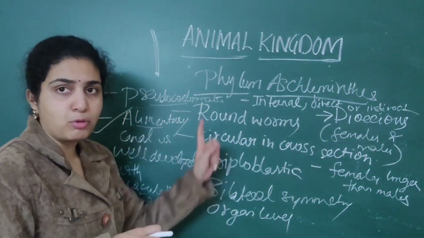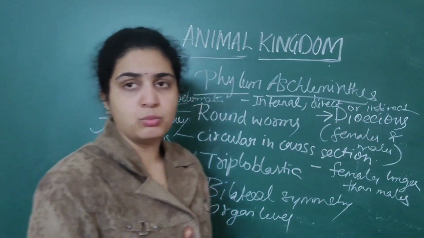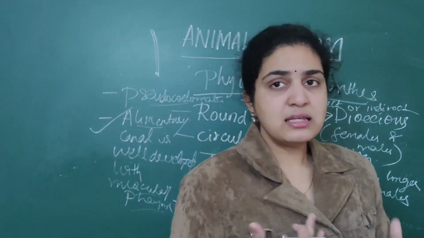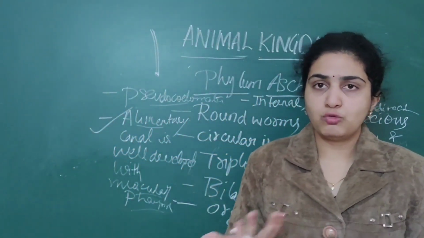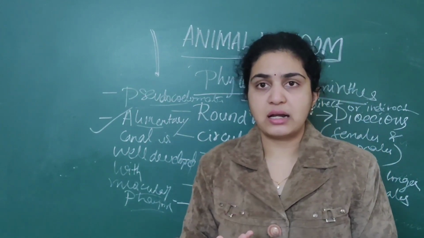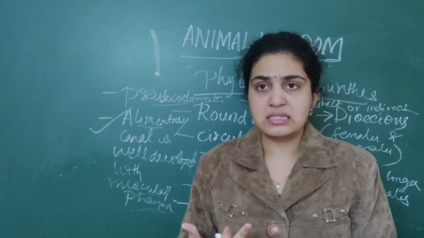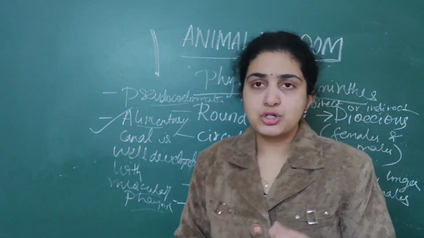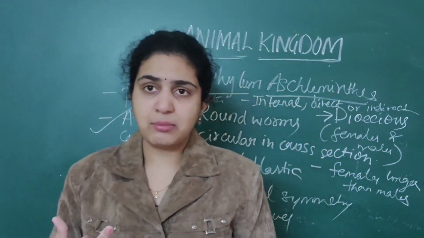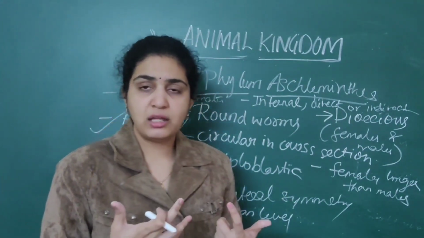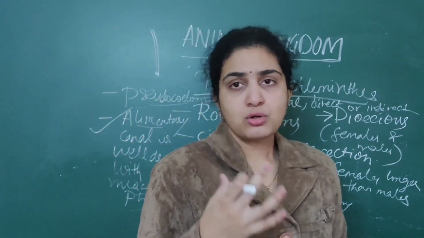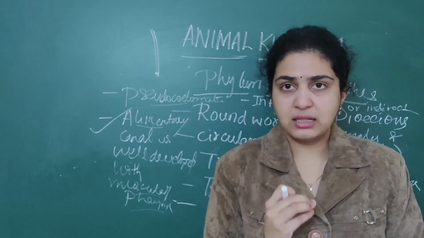Another important point is about the excretory tube. If you listen only one time you won't get it and won't understand. Read three or four times for better understanding, and remember each and every point, because the animal kingdom carries the majority of the marks. So I want you all to be very thorough.